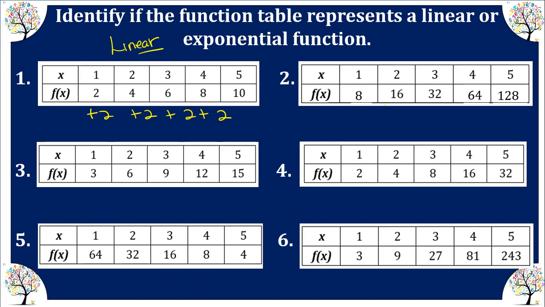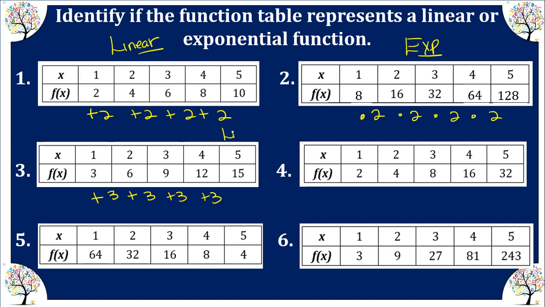Number 2, from 8 to 16 and 16 to 32, it looks as though we are multiplying by 2. So sometimes you can just simply see it and you may not need to make that ratio. So this is exponential. 3 to 6, 6 to 9, 9 to 12, these are increasing by adding 3.